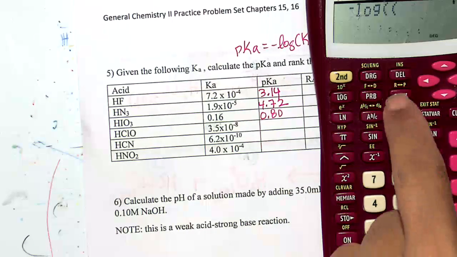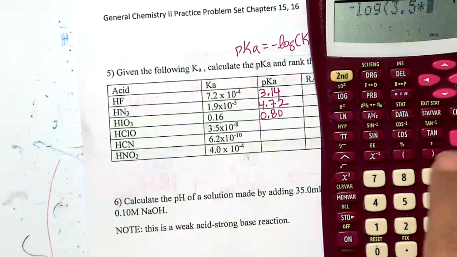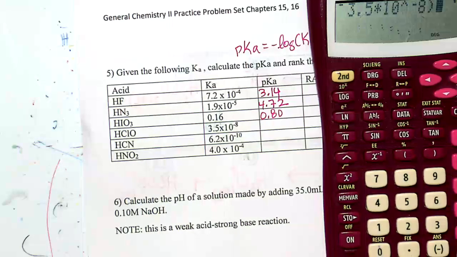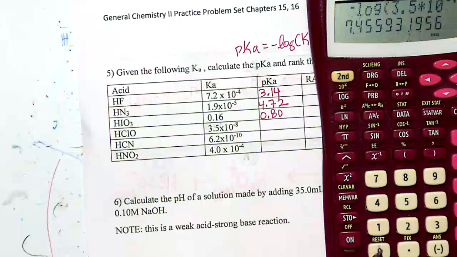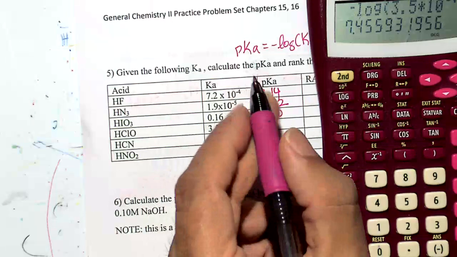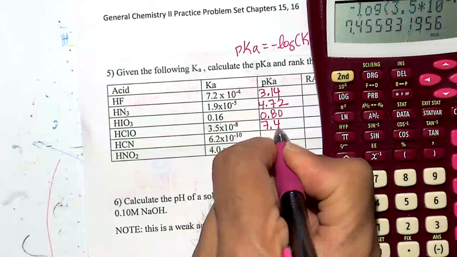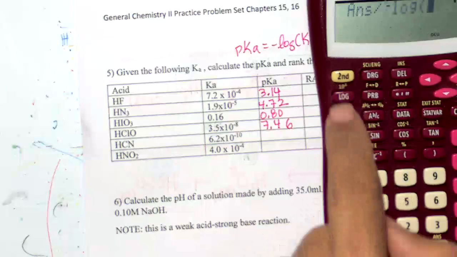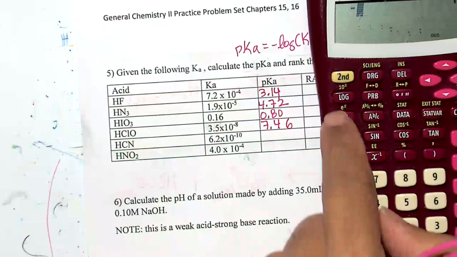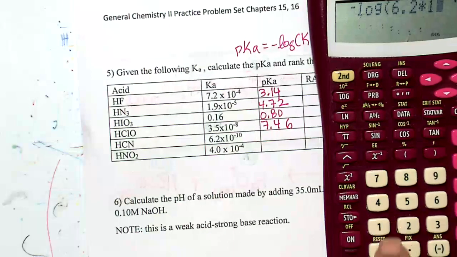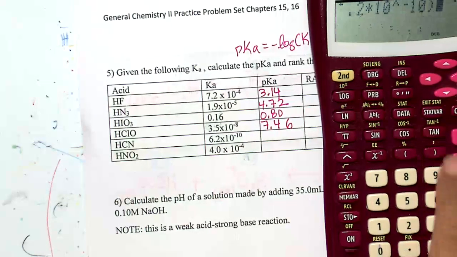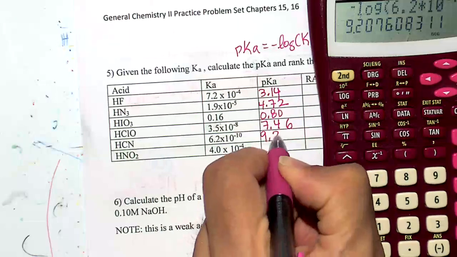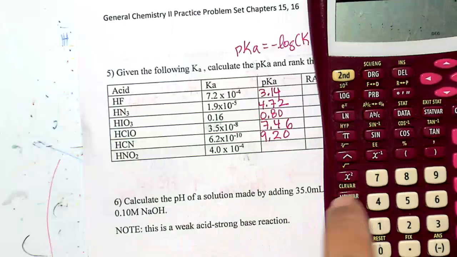Okay, minus the log of 3.5 times 10 to the minus 8. 10 to the minus 8 is such a small number. 7.46, 7.45. 6.2 times 10 to the minus 10, minus the log of that. 10 to the minus 10, that's really small, 9.20.